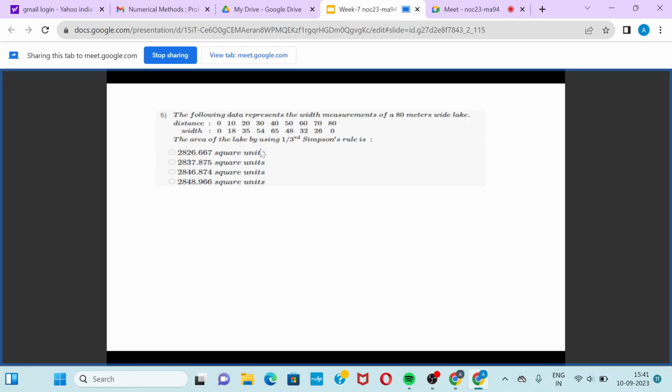So the area of the lake by using 1/3 Simpson's rule will be, you have to calculate the area of the lake using Simpson's 1/3 rule, okay. You have been given the distance and the corresponding width of the lake at that distance, okay. So use this data and calculate the area of lake.